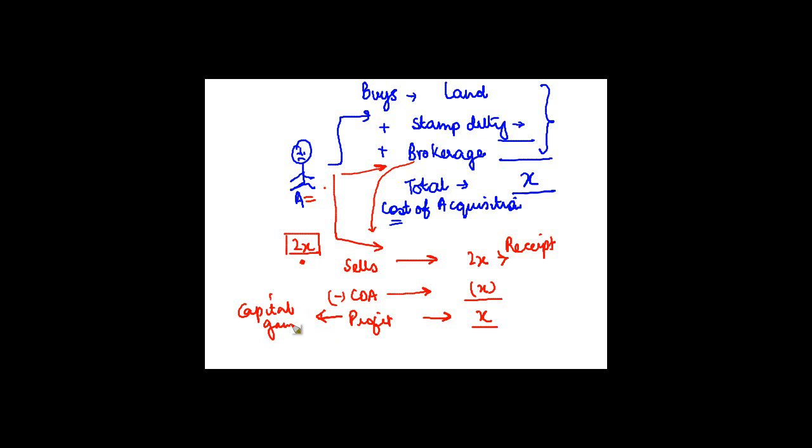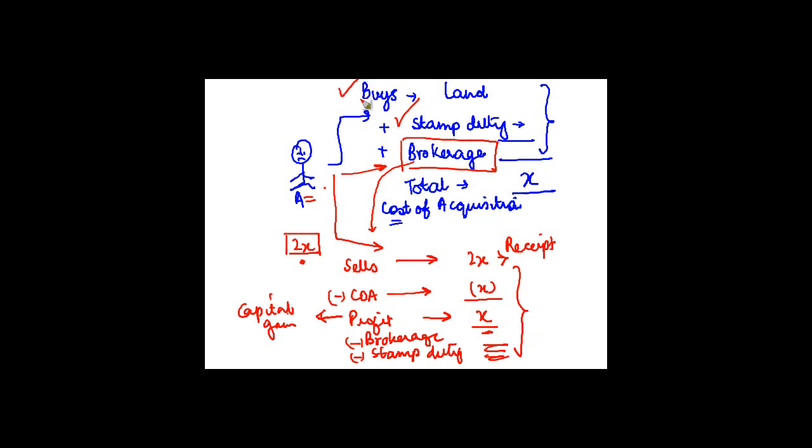Now, because this broker is getting you a customer, he might again charge you some brokerage. If you have to pay any further brokerage, that again has to be reduced from here. It might just be that the buyer may say, you only pay stamp duty. If you agree to pay that, even that has to be reduced. So all these things are fact-based. But if you see the transaction cycle, this is the way it works.